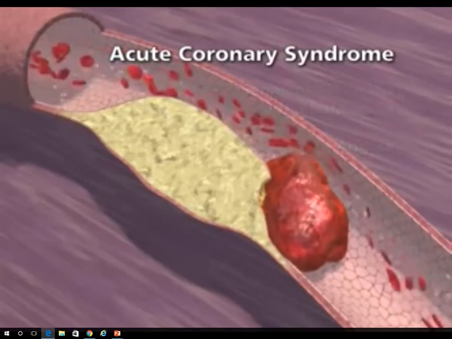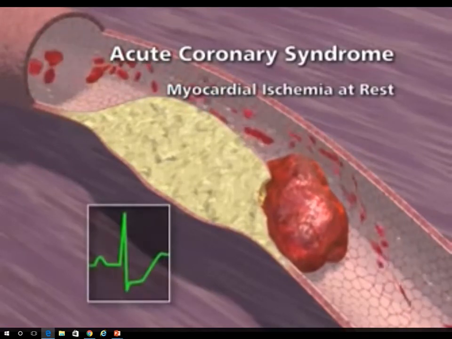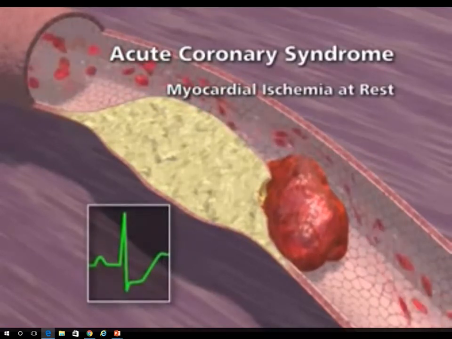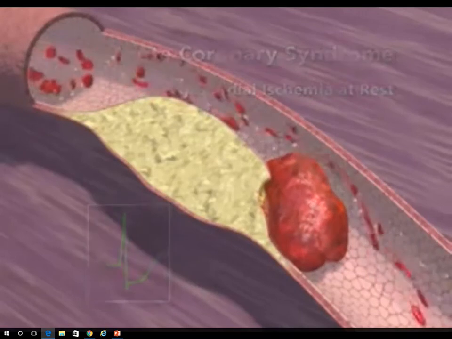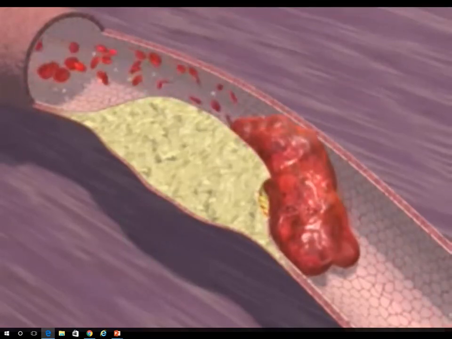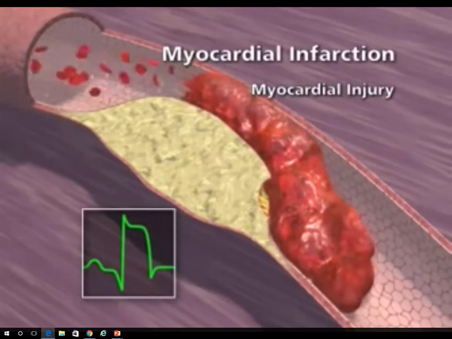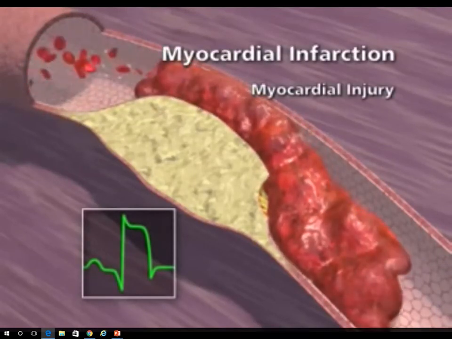With these syndromes, the patient experiences chest pain at rest, and the electrocardiogram shows ST segment depression. In contrast, when the thrombus completely occludes the vessel, the myocardium is injured, and the syndrome of ST segment elevation myocardial infarction develops.